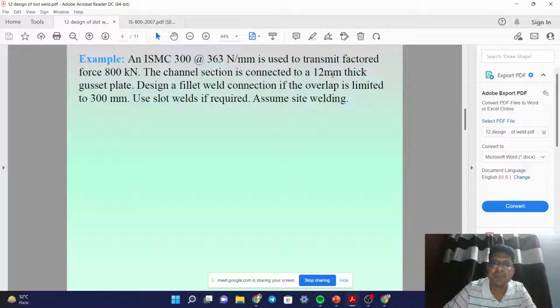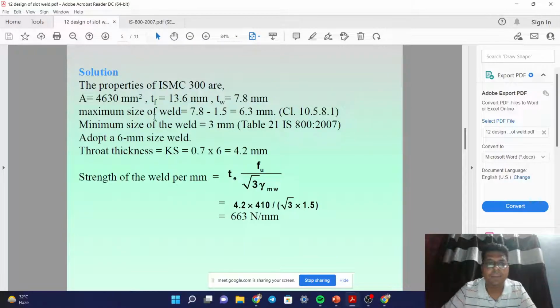So I think the doubt might arise that since we are connecting it to a 12 thick gusset plate, why are we using this minimum size of the weld as 3? Although in Table 21 it has been written that for thickness of the thinner plate greater than 10 it should be 5. So this is basically the doubt.